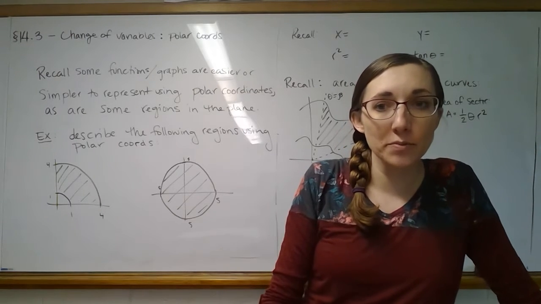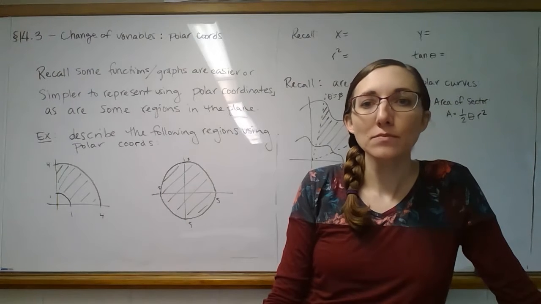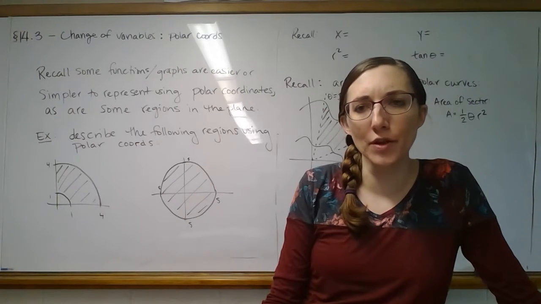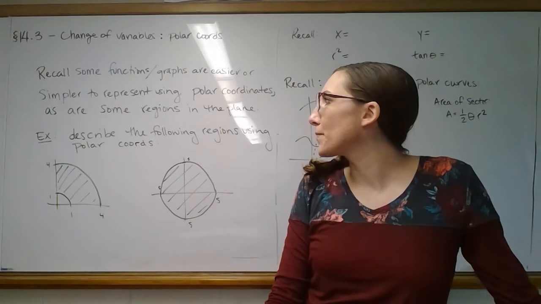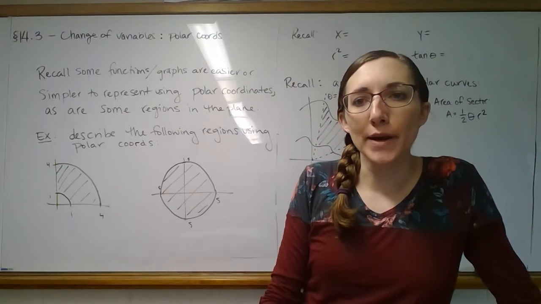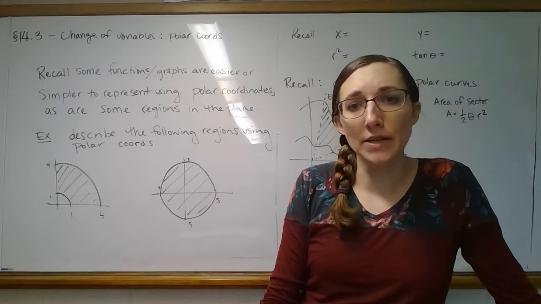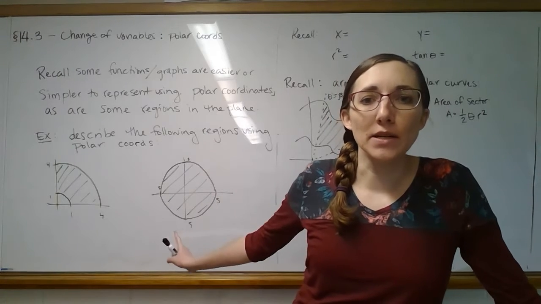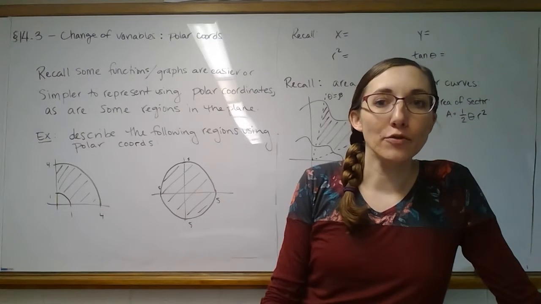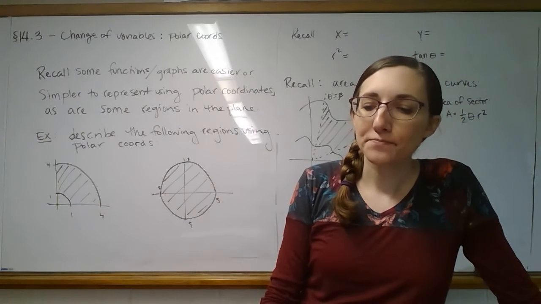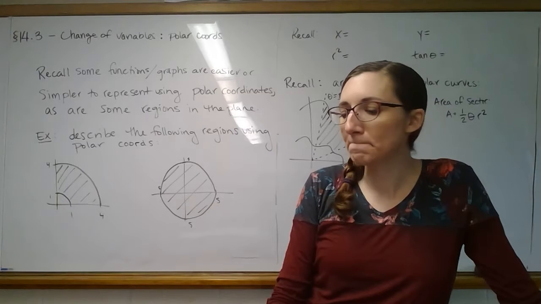So actually a good idea would be for you to pause the video and try and do both of those. So the one is sort of two circular arcs, one with a radius of 1 and then one with a radius of 4, and then this one is a circle of radius 5. So think about how you'd represent them with polar coordinates. When you're ready, jump back on.